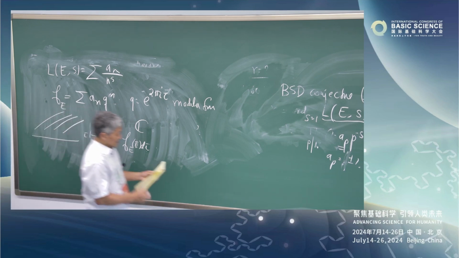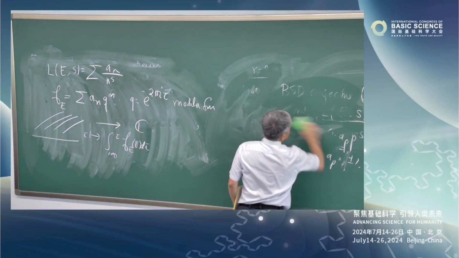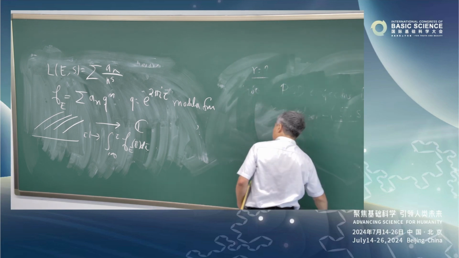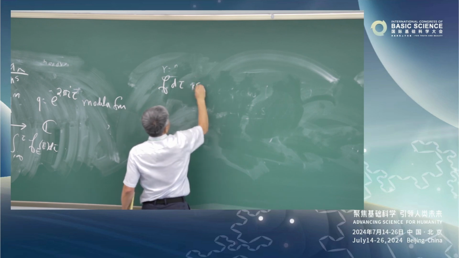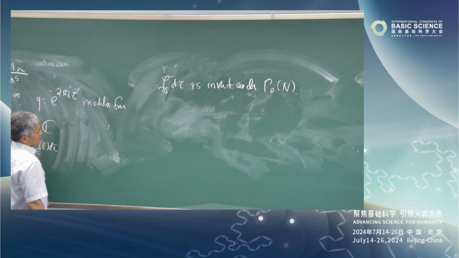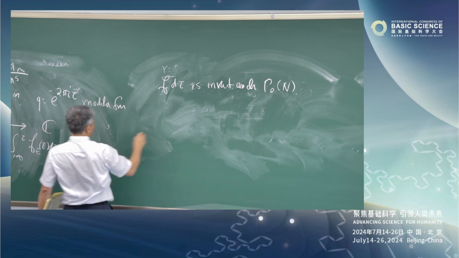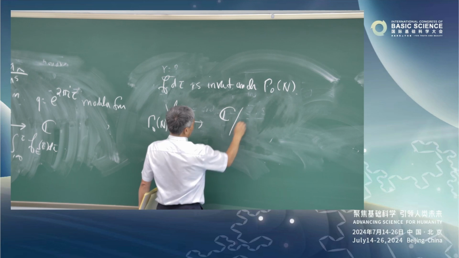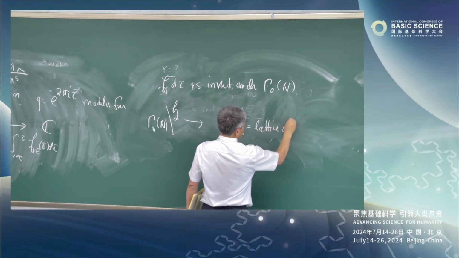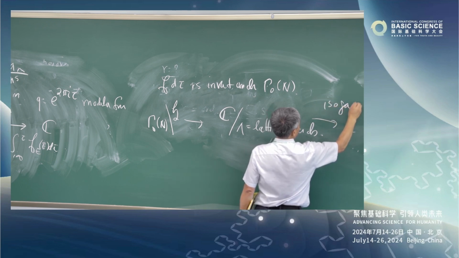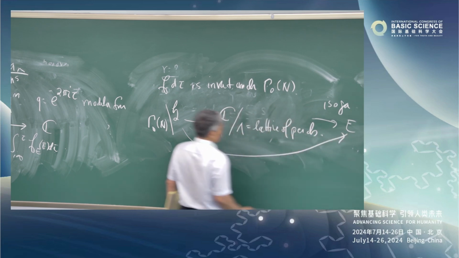But anyway, since this form is invariant under Gamma_0(N), you can formulate this on the quotient. C modulo the lattice is isogenous to E. So from the whole thing together, you get a map pi.